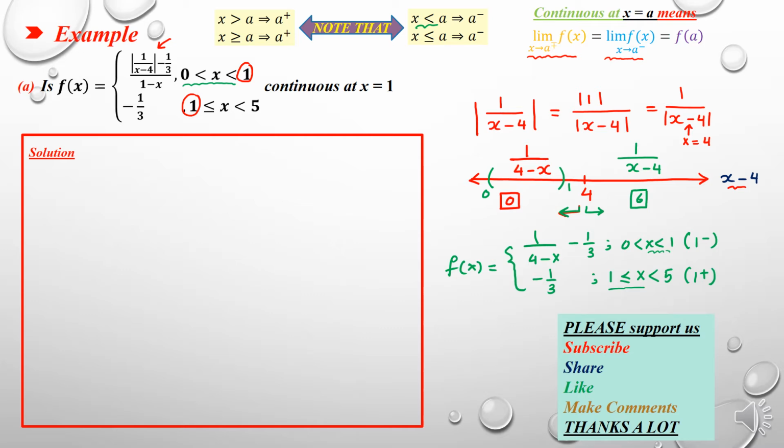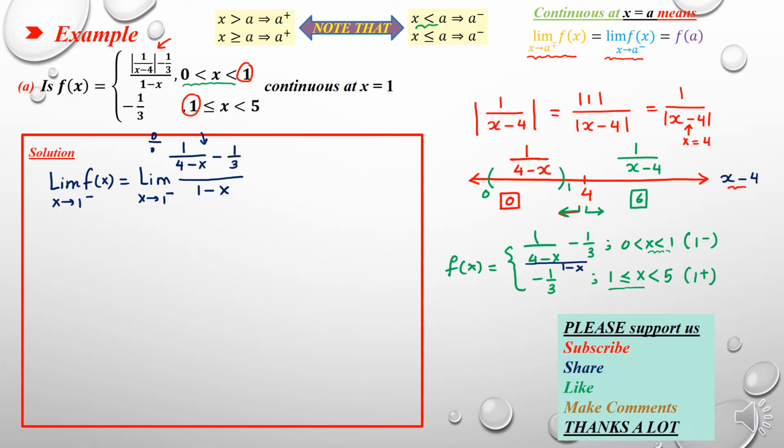So firstly, the limit of f of x when x goes to 1 from left equals the limit of the function here, sorry, the function is divided by 1 minus x also, so we have 1 divided by 4 minus x minus 1 over 3, the quantity divided by 1 minus x, when x goes to 1 from left. By direct substitution of 1 in the inside function, you will get 0 over 0.